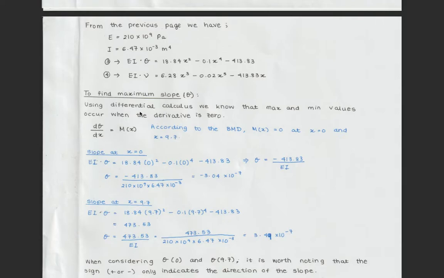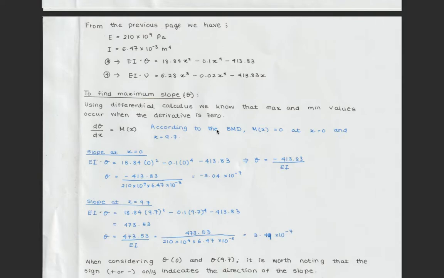So using differential calculus, we know that the maximum and minimum values occur when the derivative is 0. And we already know that the derivative of the slope is the bending moment.